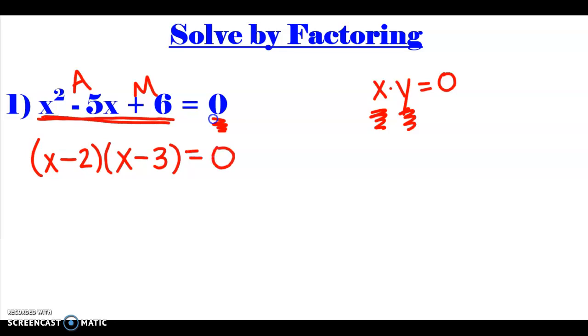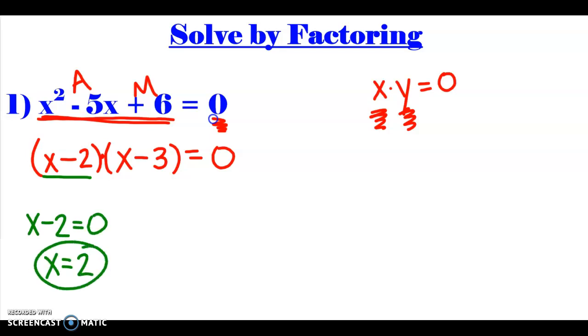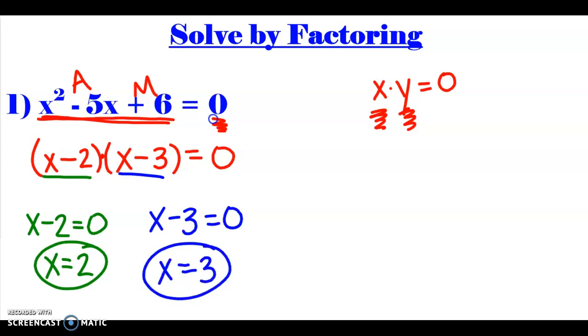So then now, since I'm multiplying two factors and getting 0, I know that either one or both of them are 0. So I take my first factor, set it equal to 0, and solve it to find out that one of my answers is 2. And then I would take my second factor, set it equal to 0, and solve that to find out that my second answer is 3. So the two solutions there, or the two zeros, are 2 and 3.